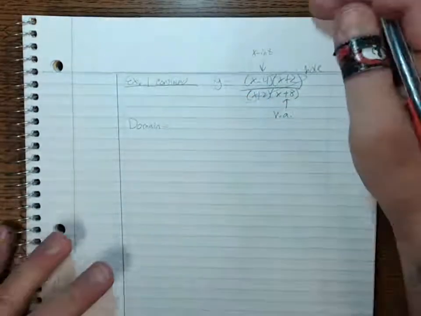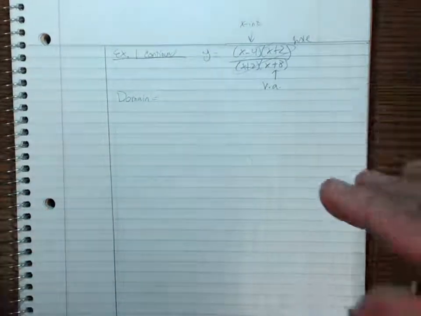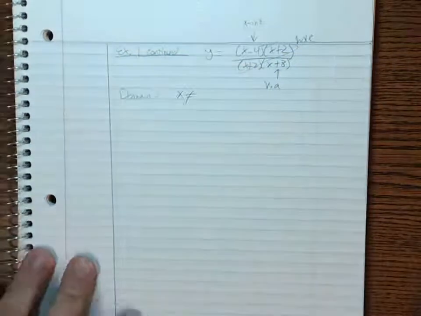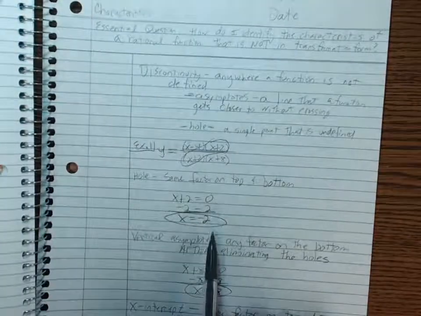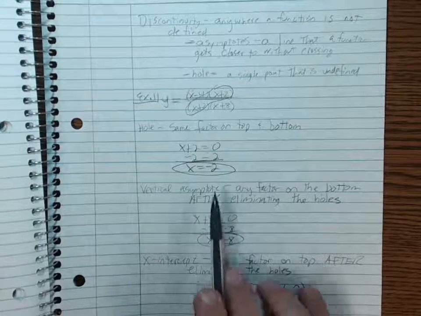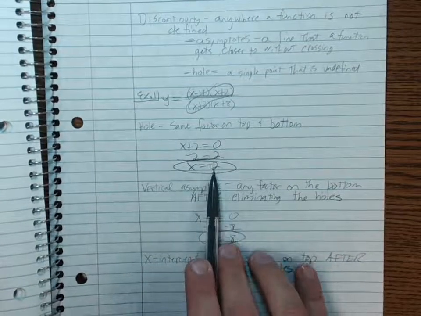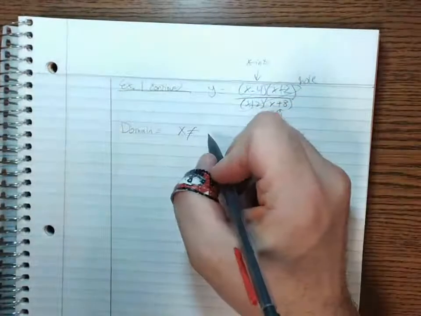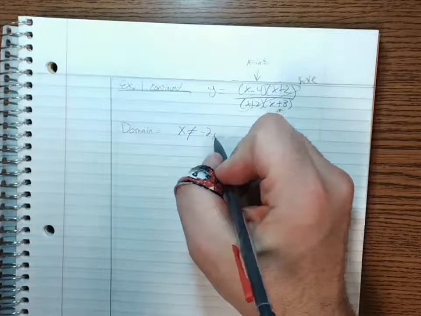Remember we said that for rational functions, we're going to write the domain as what x cannot equal. Well, we already identified what places are undefined here. We got x equals negative 2 and x equals negative 8. Those are undefined, so they cannot be in the domain. So x is simply not equal to negative 2 and negative 8.